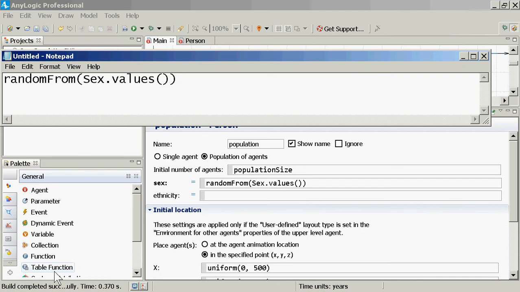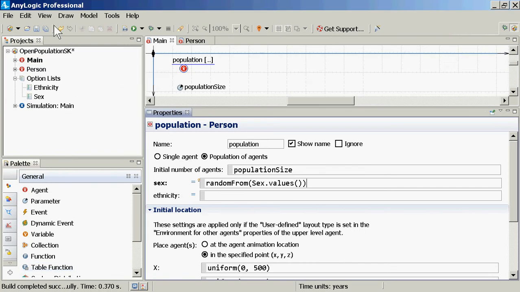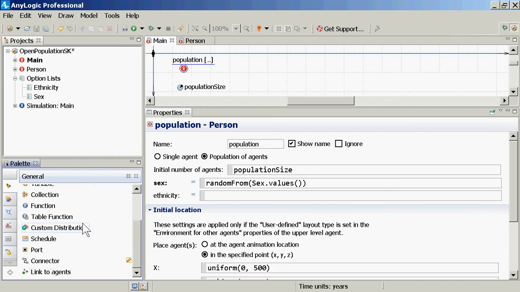Okay, folks, we're going to do something we have not done before, but which is a very valuable feature of AnyLogic. We're going to introduce a custom distribution. This is new to AnyLogic 7. Take note, those who are old AnyLogic hands. In the palette, in the general form, there's a custom distribution component.